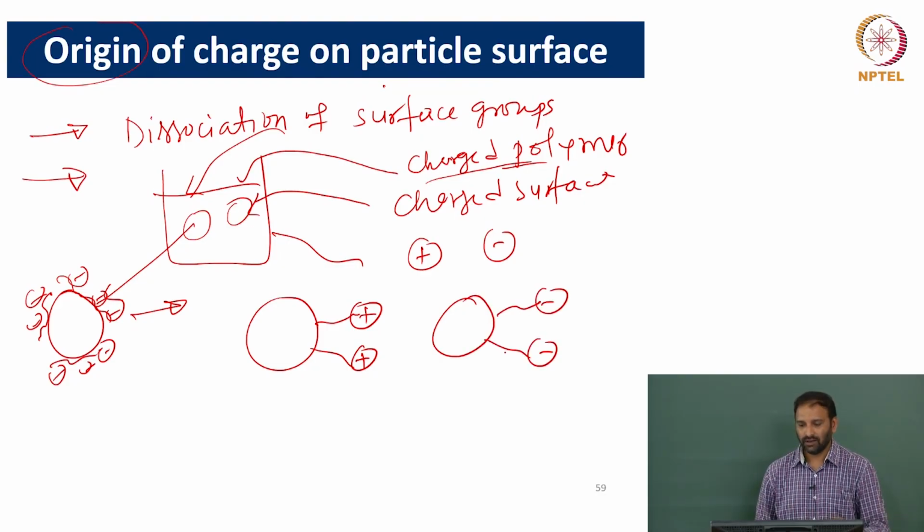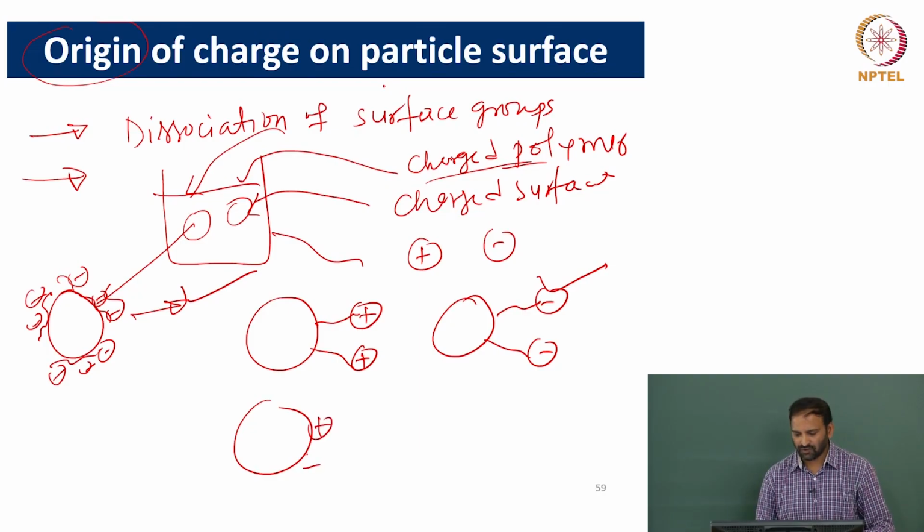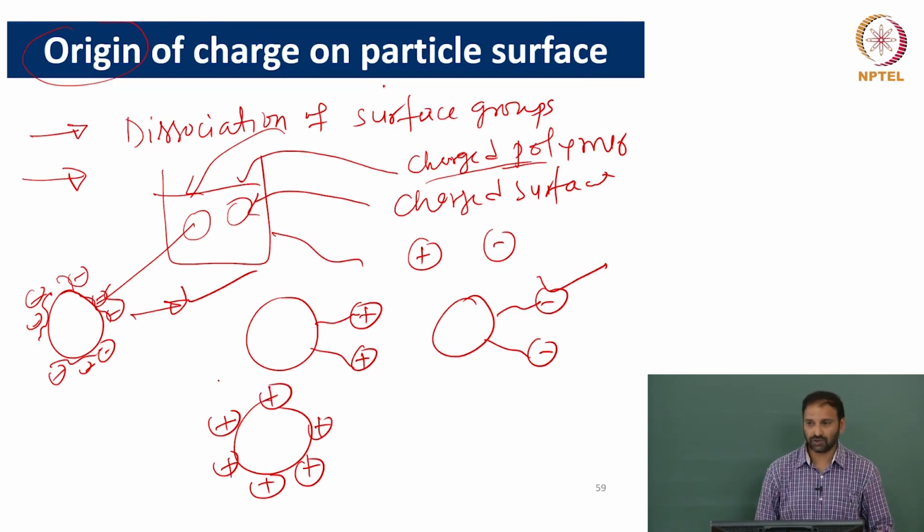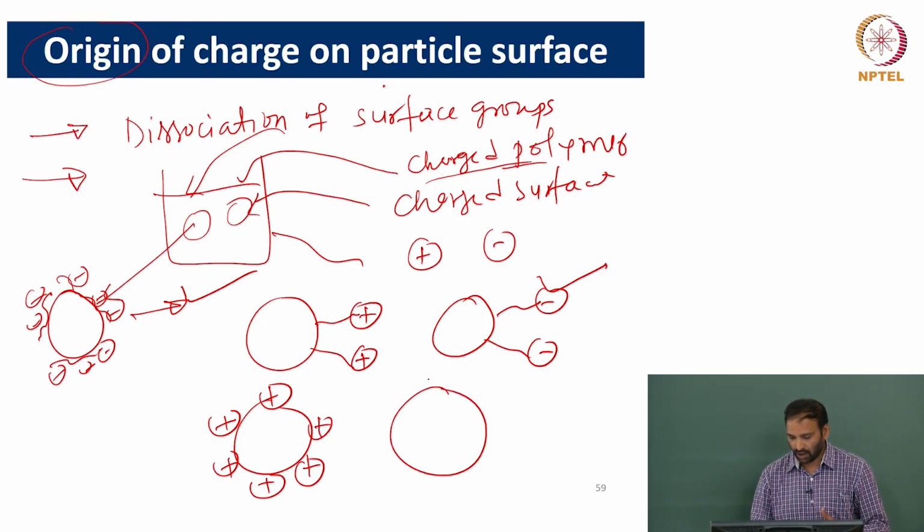Thereby the particles can acquire charge because of the adsorption of charged polymers, or surfactants, or charged ions itself. There could be a physisorption or chemisorption of ions onto the particle surface, and that could lead to the charges on the particle surface.